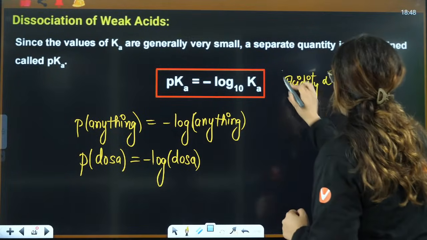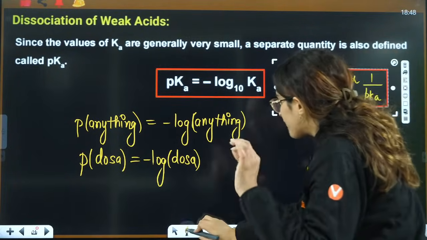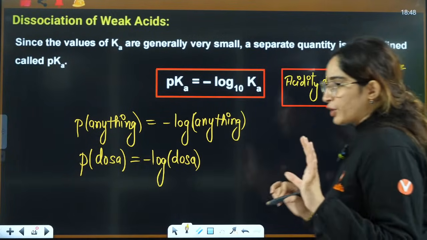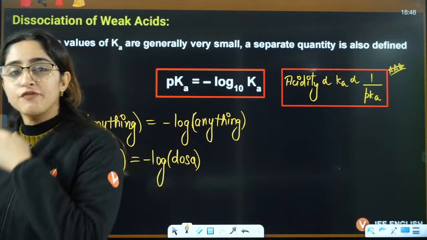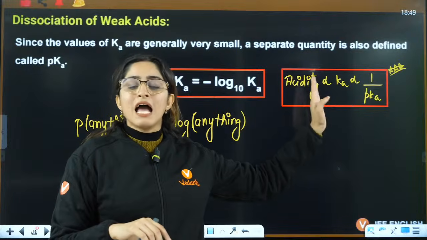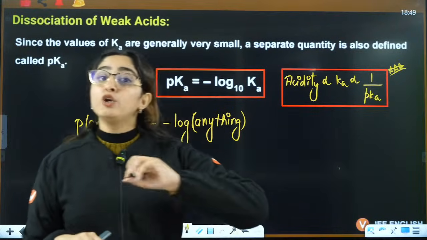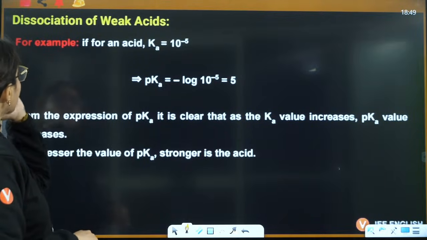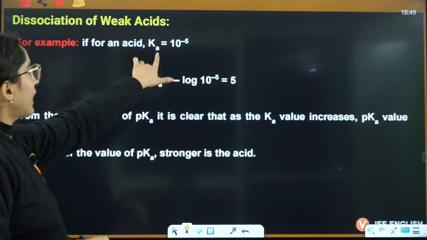Whatever in this chapter I have marked in red box, that is important for you. If something is a very good acid, it will have a high Ka value and its pKa value will be low, right?